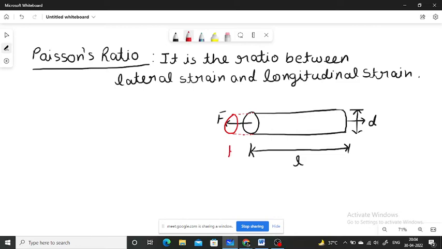Let the increase in the length of the shaft be delta L, and due to this tensile load, the diameter of the shaft will decrease. Let the decrement in the diameter be delta D.